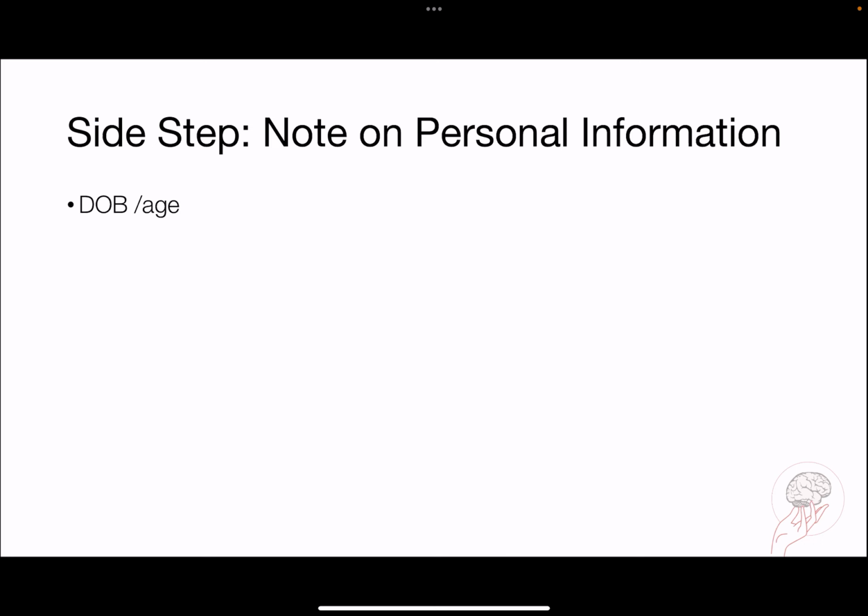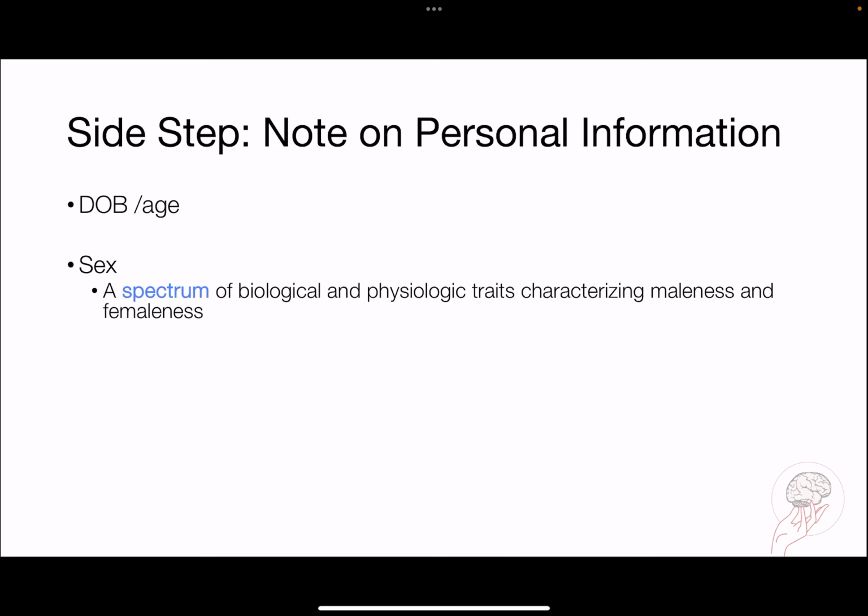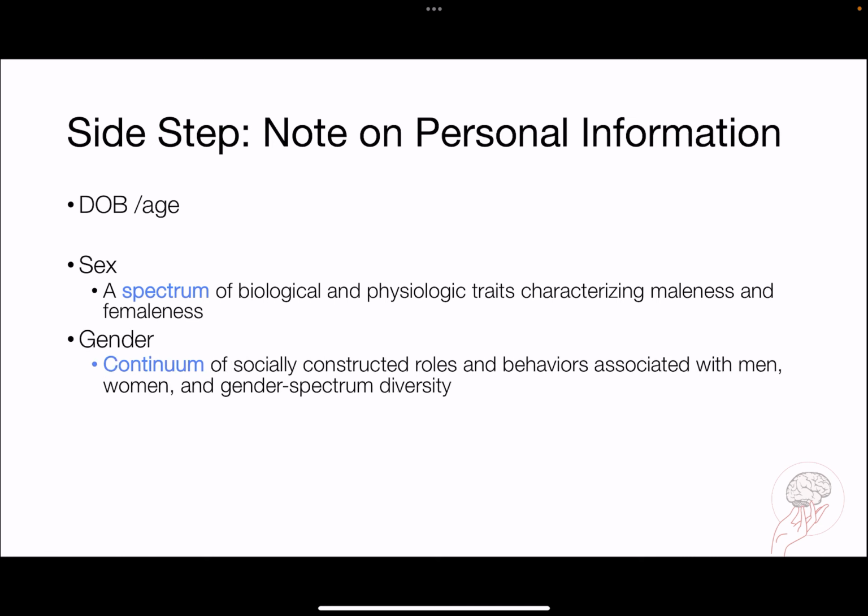So a note on personal information, things like date of birth, age, but also sex. And when people think of sex, they often think in binary, male, female, but there's actually a spectrum of biological and physical traits characterizing maleness and femaleness. So even sex is a spectrum. There's people who are intersex.